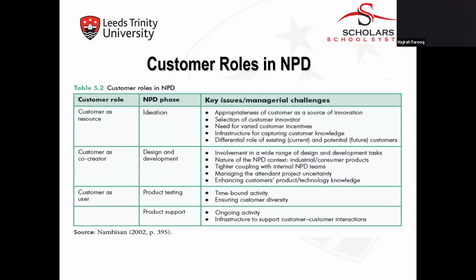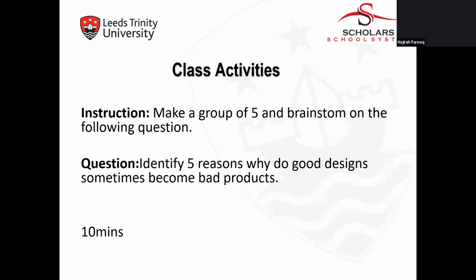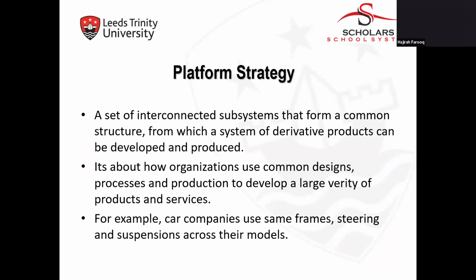So the customer role in the ideation phase of NPD can be of a resource. Then in the design and development phase, the customer can also act as a co-creator. In the product testing phase, the customer can be like participating as a user, and then in the product support phase comes up.